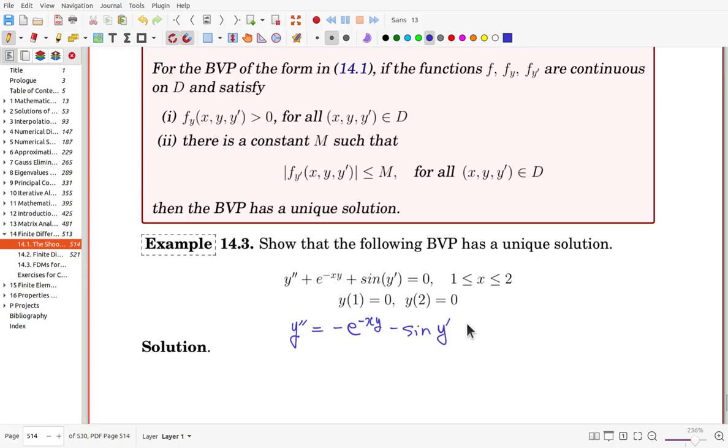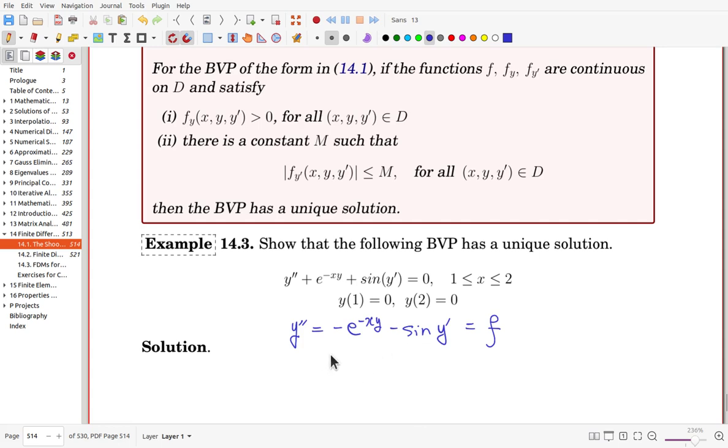Okay, so that is now f. Quite easy to see that this is continuous, and an exponential function, sine function combination must be continuous.